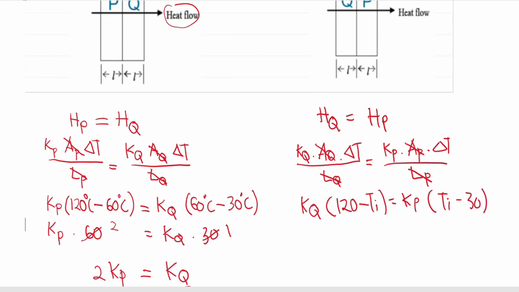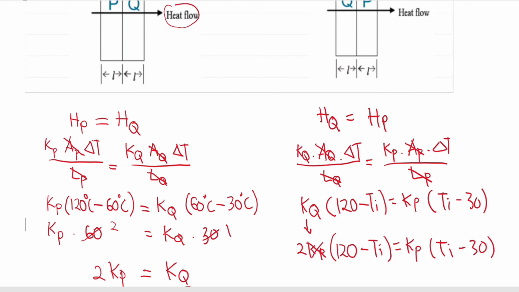Then in the previous calculation we already know that KQ is twice KP, so we just substitute KQ. The thermal conductivity for wall Q is twice the thermal conductivity of wall P, so it is 2 KP times 120 minus Ti equals KP times Ti minus 30.